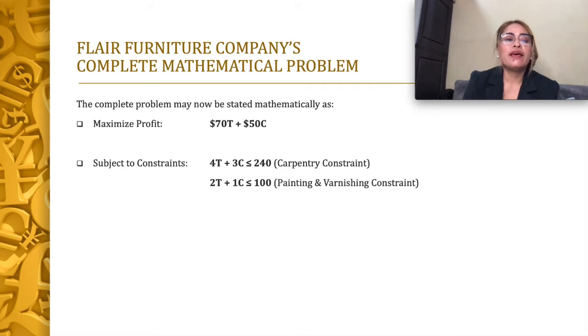And the second constraint, 2T plus 1C must be less than or equal to 100 for the painting and varnishing. The third constraint, what we call the non-negativity constraint, is written as T and C must be greater than or equal to 0. That's the non-negativity constraint.